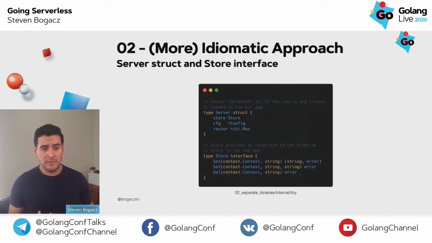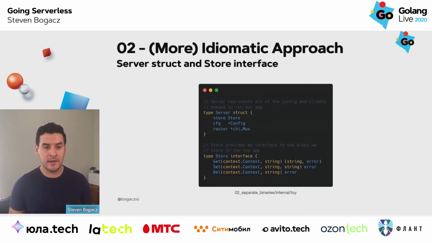Like I mentioned before, we're using an adapter pattern here. And this is what our server looks like now. The server struct has an instance of store, it has the config that it knows about, and it has a built-in router. You can see that our store interface is the methods that we would expect given our API: just get, set, and delete.